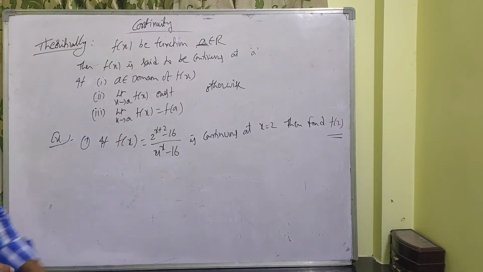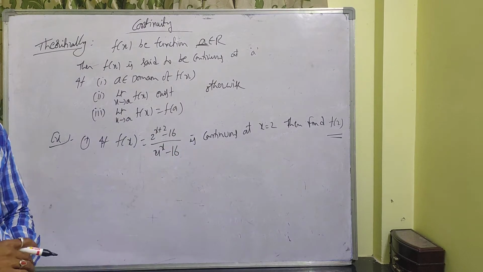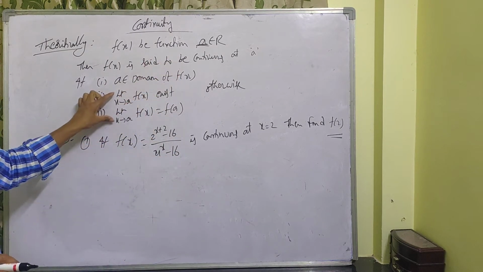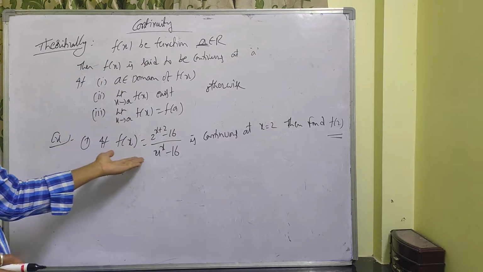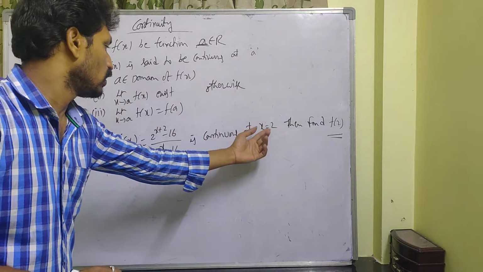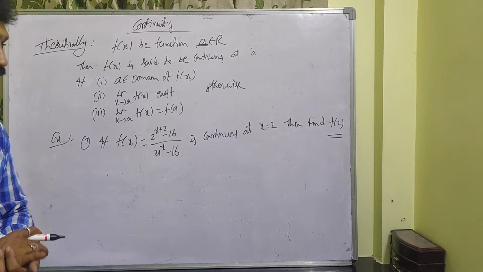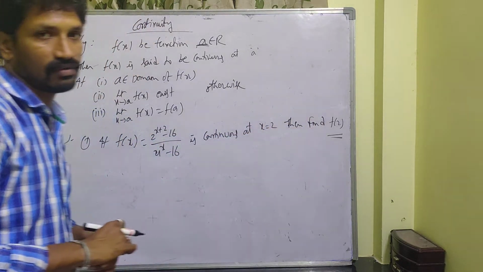So he is only saying it is continuous at x equal to 2. Of course, at x equal to 2, that 2 will be in the domain of f of x directly. So he is asking to find f of 2.